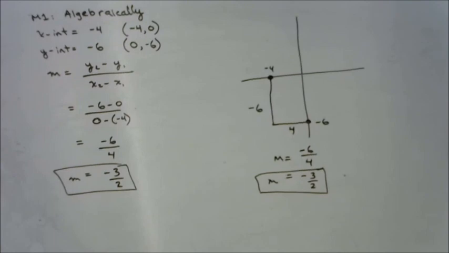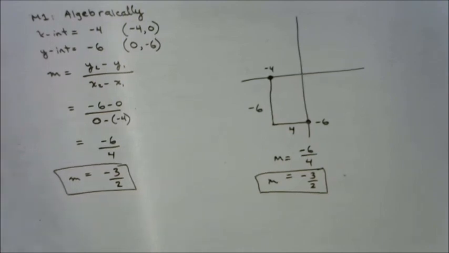At this point, x equals 0. For some equations, it is easy to graph a line using intercepts. For example, in the line 3x plus 2y equals 6, when x equals 0, y equals 3, and when y equals 0, x equals 2.